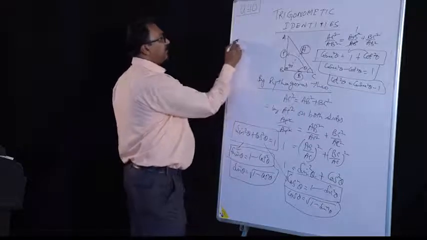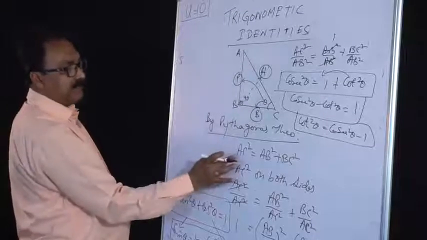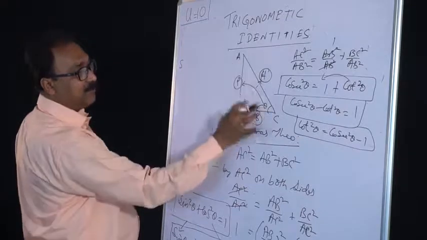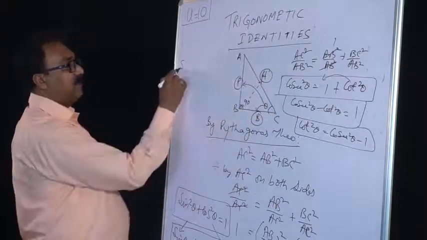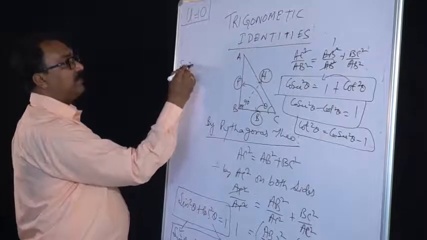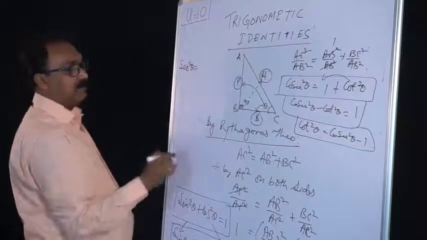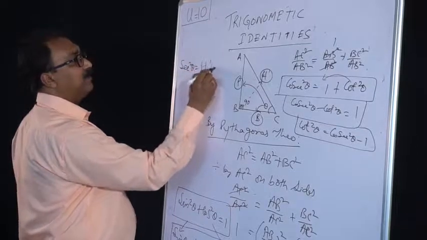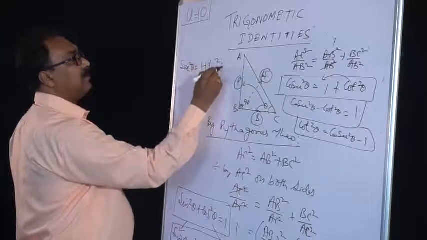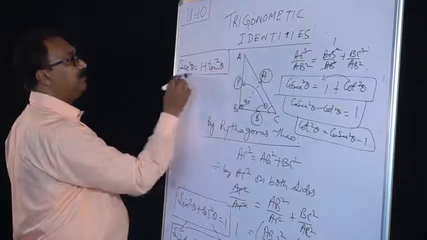The formula is, if we take AC by BC, AC is hypotenuse by BC, base. So hypotenuse by base is what? Sec square theta. So secant square theta is equal to what? Tan square theta plus 1, meaning 1 plus tan square theta. You can get this formula.